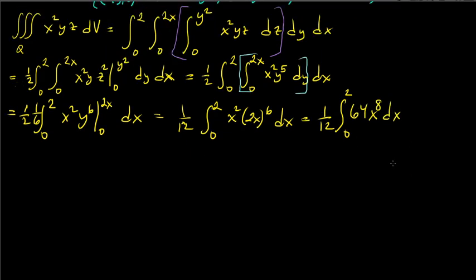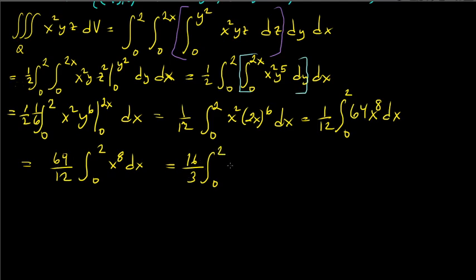Okay, so we're getting some pretty big exponents here, but that happens sometimes. So 64 over 12, the integral from 0 to 2 of x to the 8 dx. 64 divided by 4 is 16, and 12 divided by 4 is 3. So the 64 over 12 just reduces to 16 over 3. Now we can do the integral.